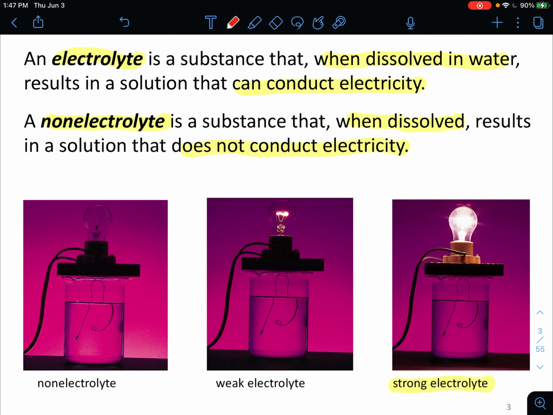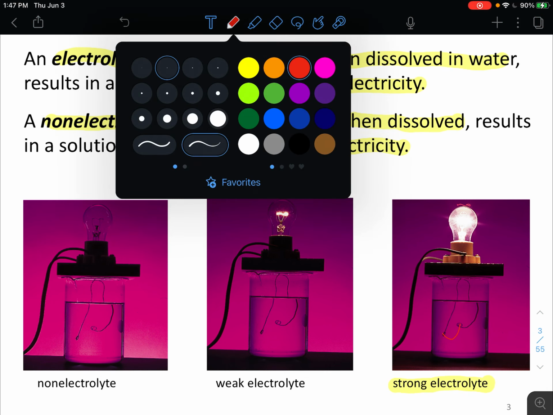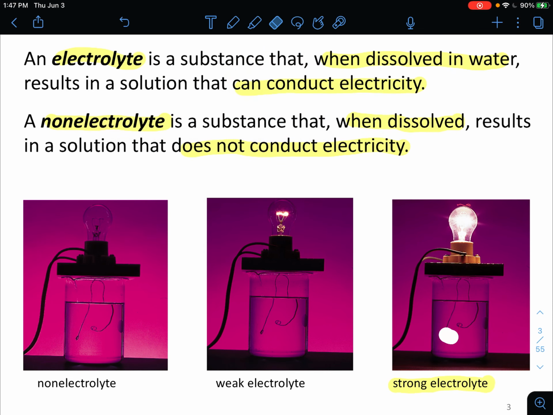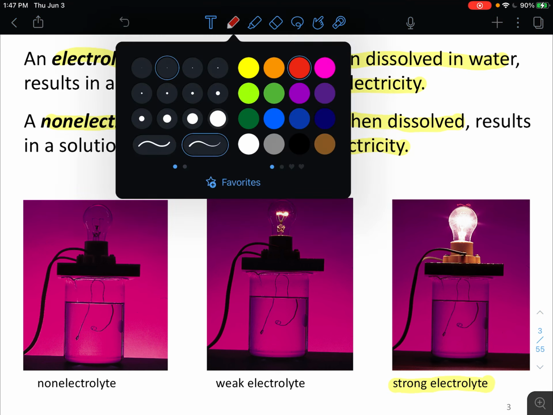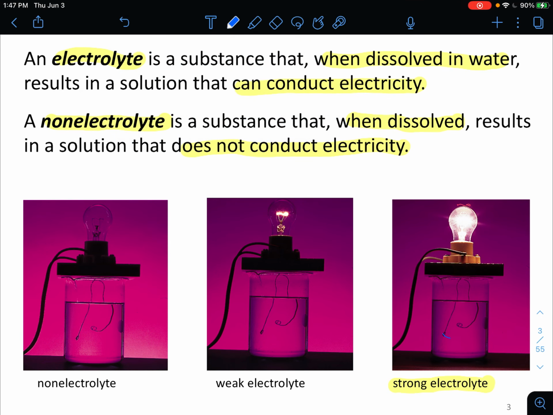So in theory, we would need electrons to be able to flow freely between the two ends of that wire in order to close the circuit. And if that is the case, then the light bulb will light up. So same thing here, we'd need the ability for electrons to travel through that gap.